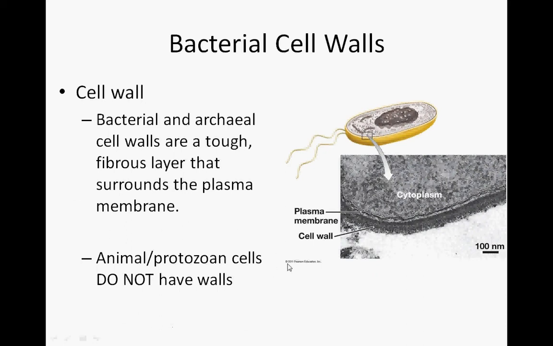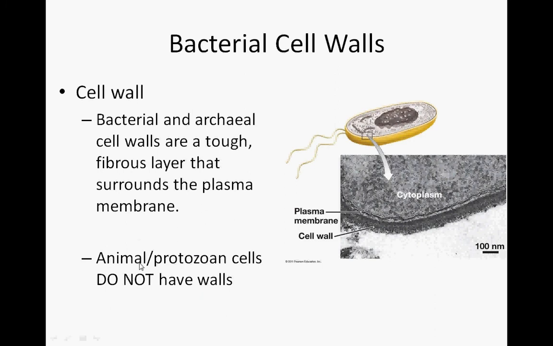Another thing I want to make extremely clear, because it really bugs me when people don't remember this, is that animal cells and protozoal cells do not have cell walls. It is a major difference between bacterial cells and animal cells and protozoal cells.